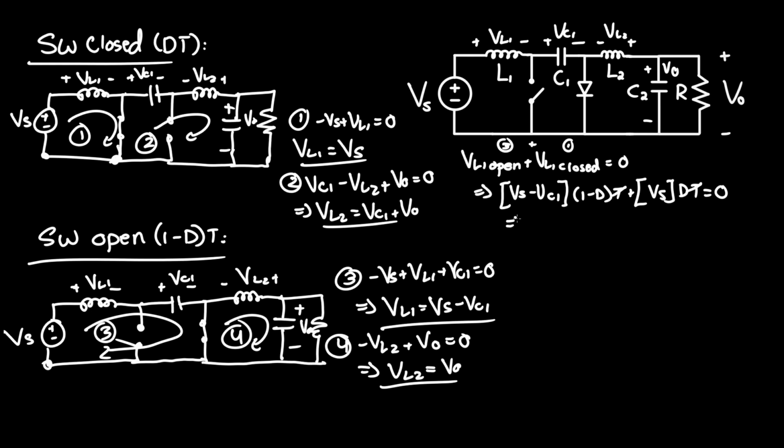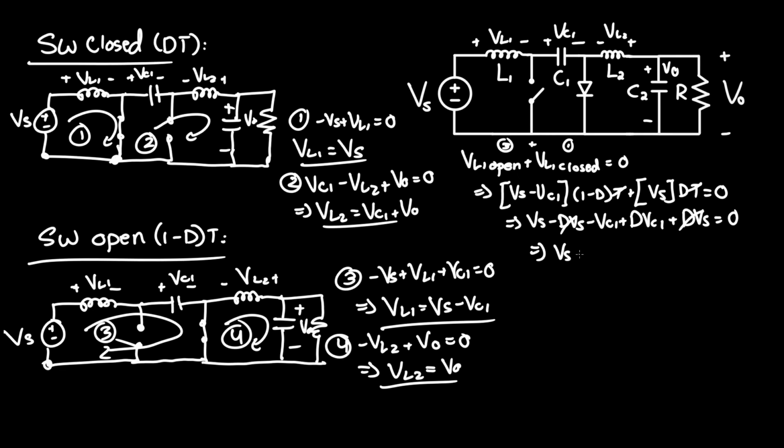And distributing, we have Vs minus dVs minus Vc1 plus dVc1 plus dVs equals 0. Fortunately, the dVs's cancel. And now we're going to isolate Vc1 so that we'll apply the same process for the other two equations for VL2.